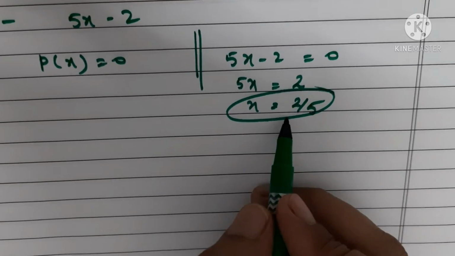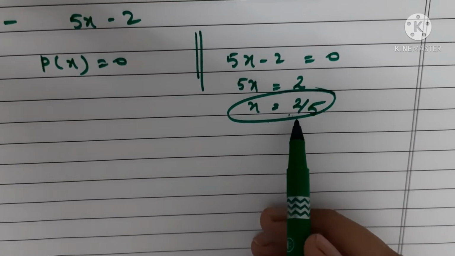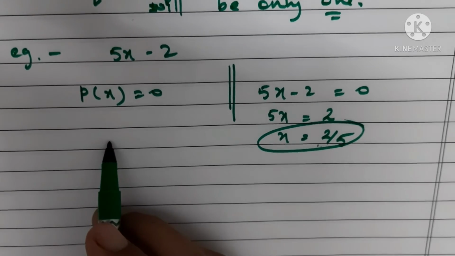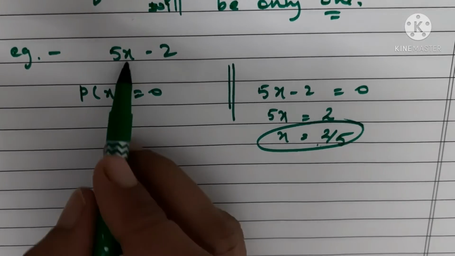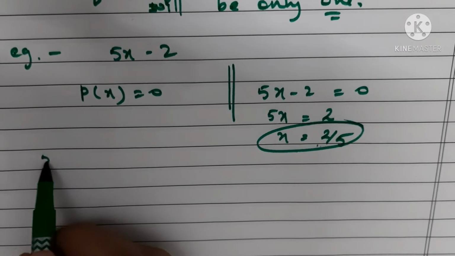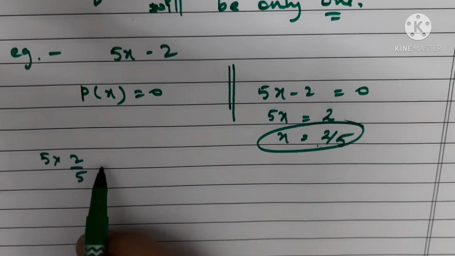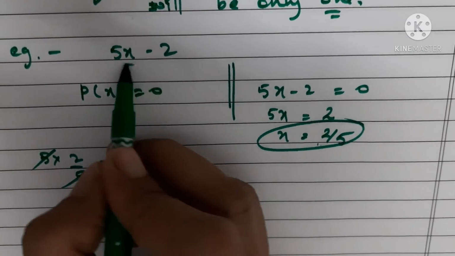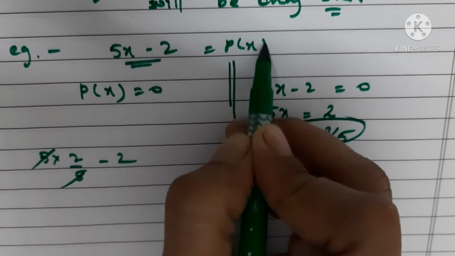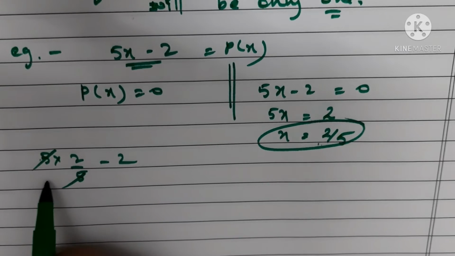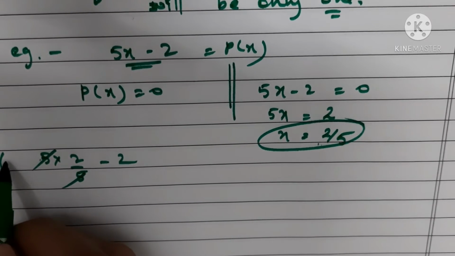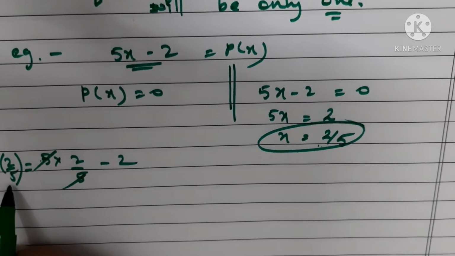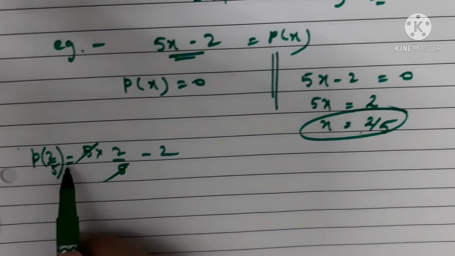And if you wish to check whether it is going to give you the 0 of the polynomial or not, let us see. We'll just put the value in this. This is your px polynomial. So instead of x you put 2 by 5.